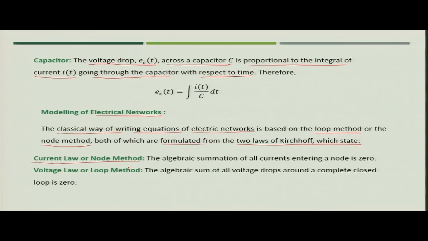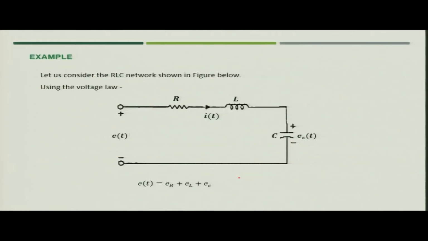The nodal method is based on the Kirchhoff current law, and it says that the algebraic sum of all currents entering a particular node is 0. For the Kirchhoff voltage law, which is the loop method, the algebraic sum of all voltage drops around a complete closed loop is 0. So, these were the two major laws which we used in finding the governing equations for electrical circuits.